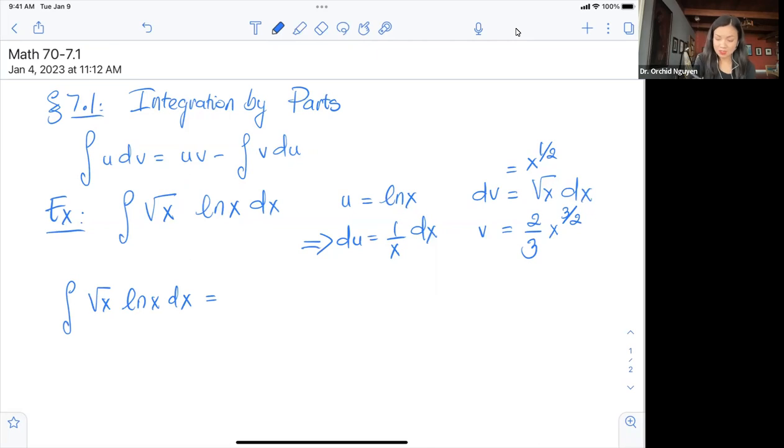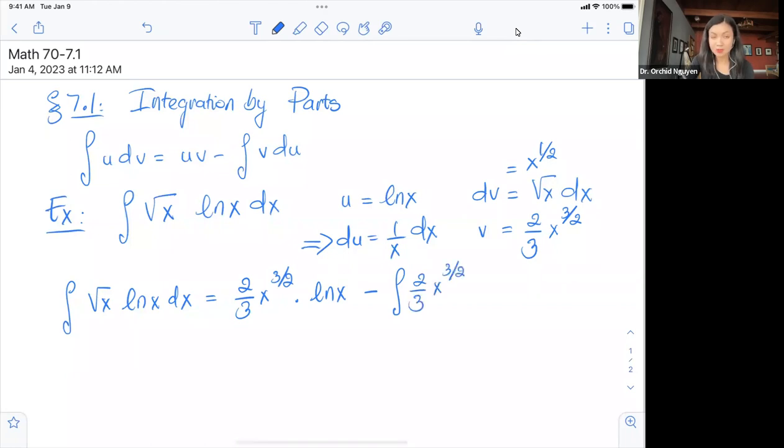So it's going to be 2/3 x to the 3/2 times u, which is ln x, minus the integration of v, which is 2/3 x to the 3/2, du, which is 1 over x dx.